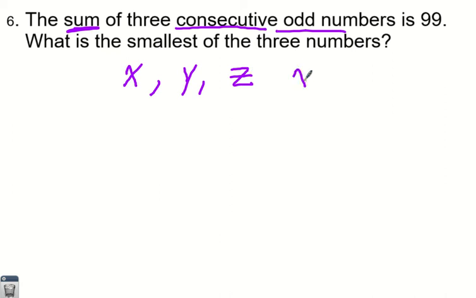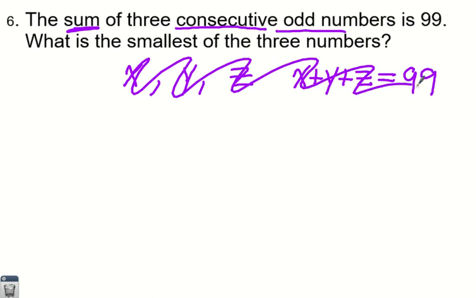So when I do X plus Y plus Z, they're all supposed to add up to equal 99. How do I solve that? And here's the thing, you don't. So we need a better way than just having 3 different letters.